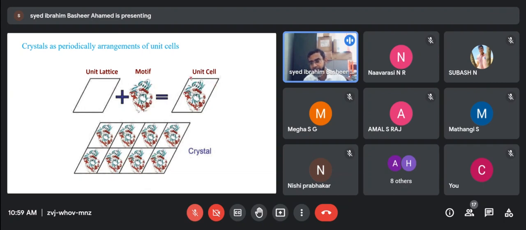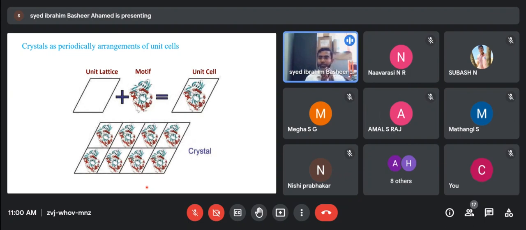So a unit cell is the smallest repeating unit in the crystal. You got it? Yes, sir.